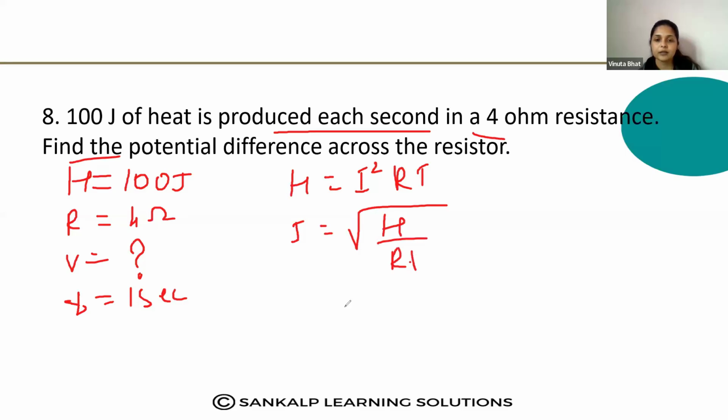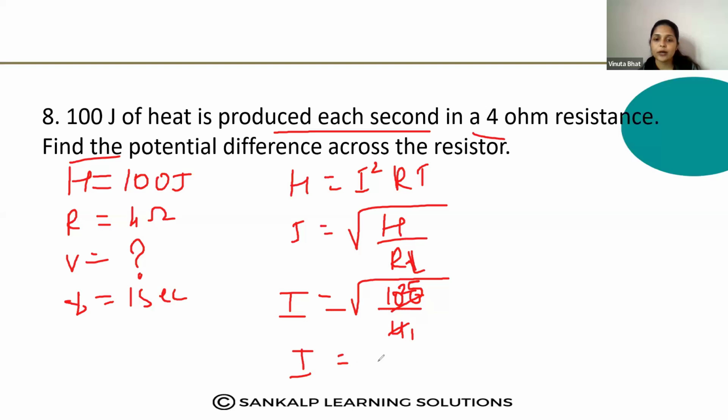Here, we don't know the value of I. I is equal to square root of H by RT, that is 100 divided by R, that is 4, into T, that is 1 second. 4 fives are 20. I is equal to square root of 25.